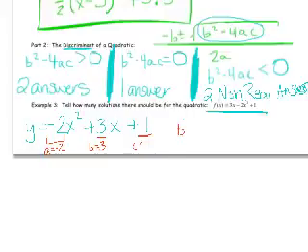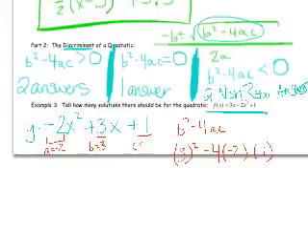So the discriminant, b squared minus 4ac, if I plug in b of 3, I square it, minus 4, a is negative 2, and c is 1. 3 squared is 9. 4 times negative 2 is negative 8, but I have minus negative 8.